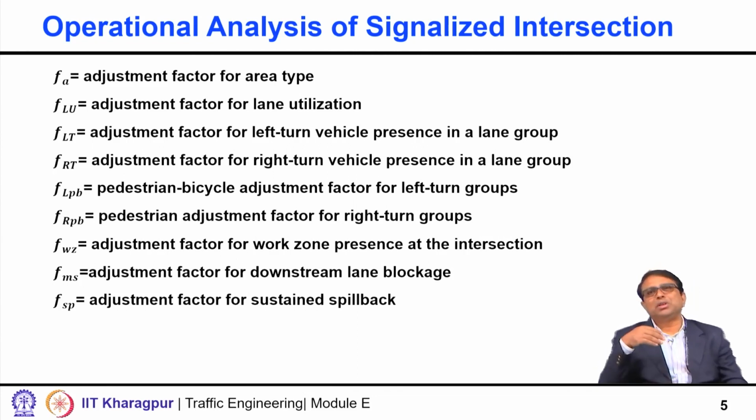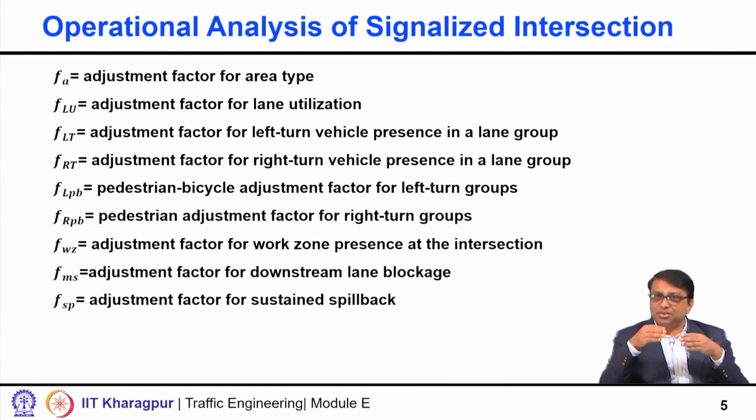With permitted left turns, the pedestrian volumes will impact the saturation flow rate. There is a pedestrian adjustment factor, similarly for the right turn group. Then the presence of a work zone in the intersection: if construction or maintenance activity is going on, the whole intersection area, normally available, is not available because of the construction, and that will have an impact. Then an adjustment for downstream lane blockage.